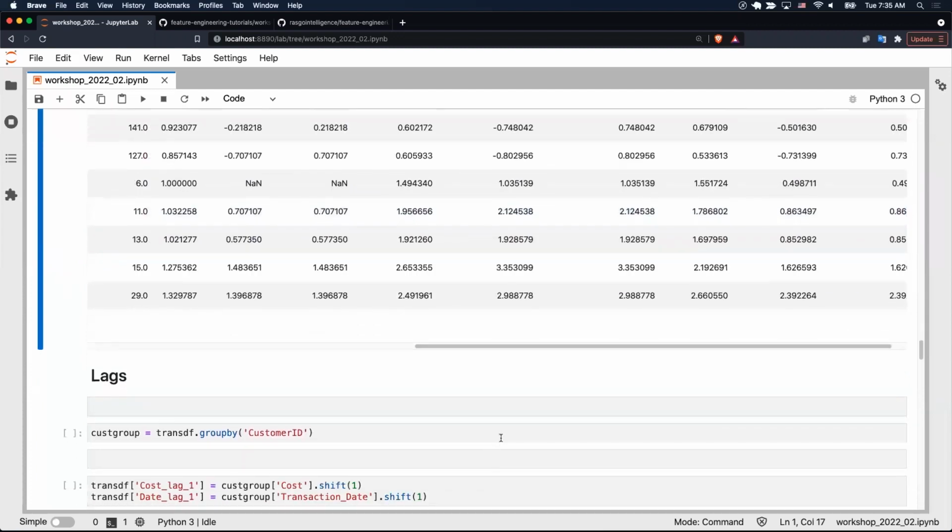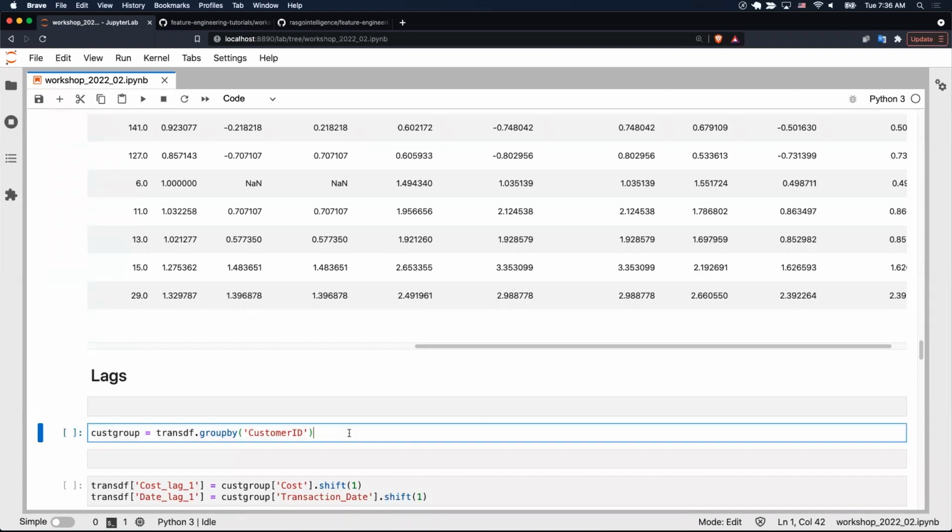Okay, so right now we have data that has a time series character, but it's not a time series problem. But still, oftentimes the best predictor for the next behavior is the current behavior. And so I'd like to build up how this customer behaves over time. So for this individual customer, I'm going to group by this customer.